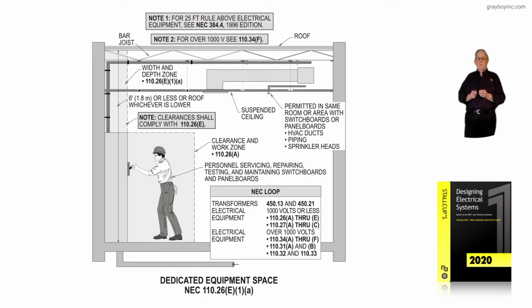But the electrical equipment itself, if it was rated 1,000 volts or less, then you have your Section 110.26(A) through (E) that has to be complied with, and 110.27(A) through (C) for guarding the energized components and conductors have to be complied with. If the voltage is over 1,000 volts, medium voltage or high voltage, 110.34(A) through (F) has to be complied with, along with 110.31(A) and (B) to guard energized components and conductors.